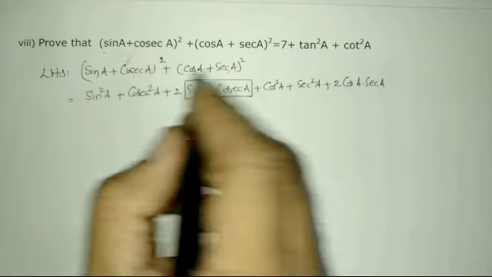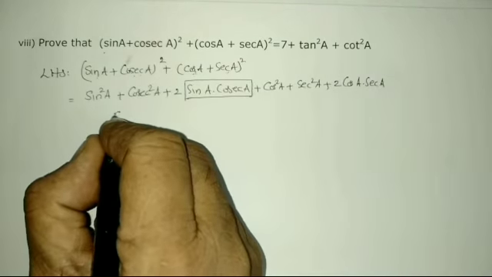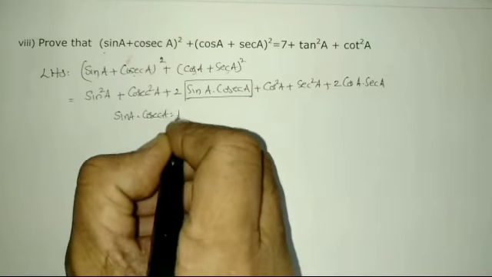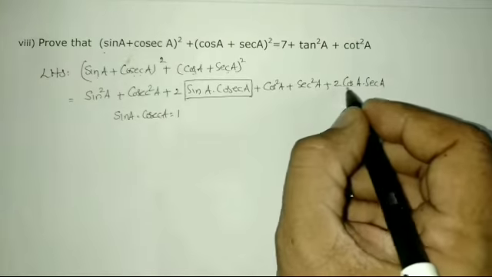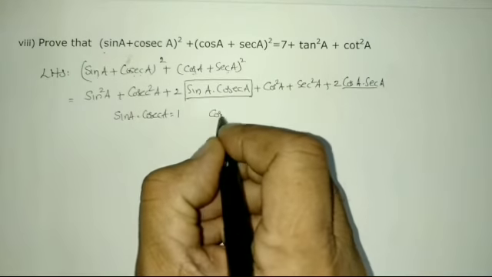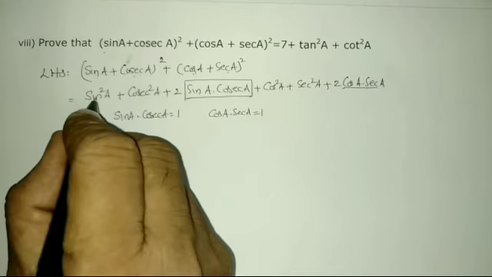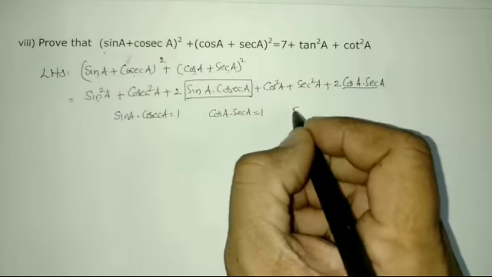We know that sin A into cosecant A equal to 1, cos A into secant A equal to 1, and sin square A plus cos square A equal to 1.